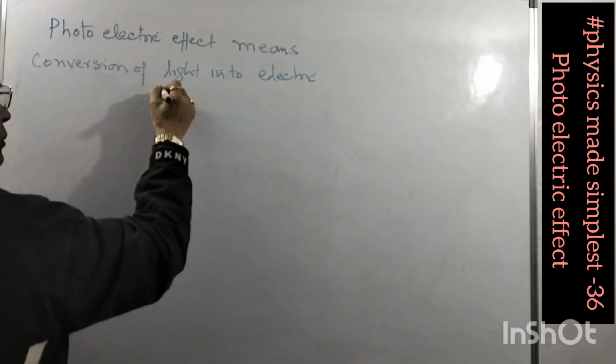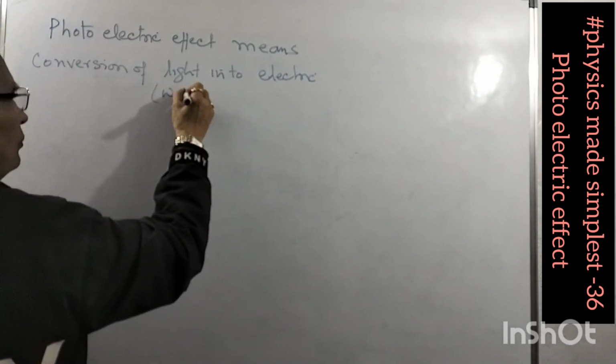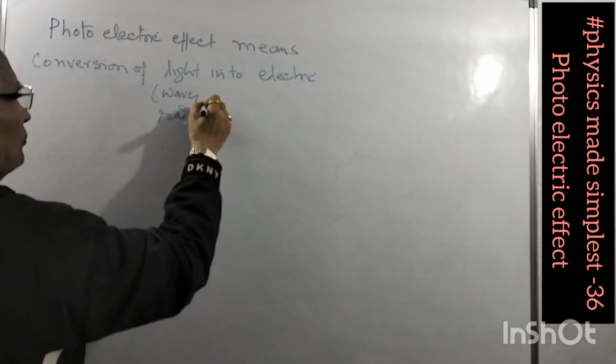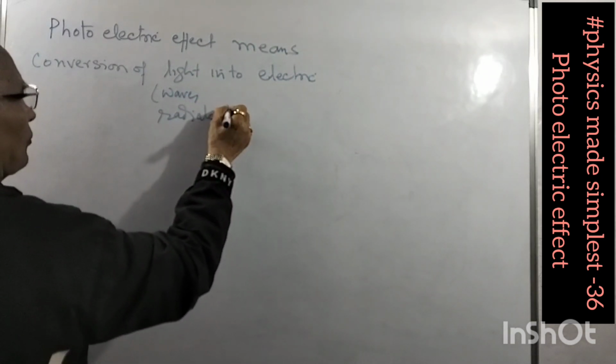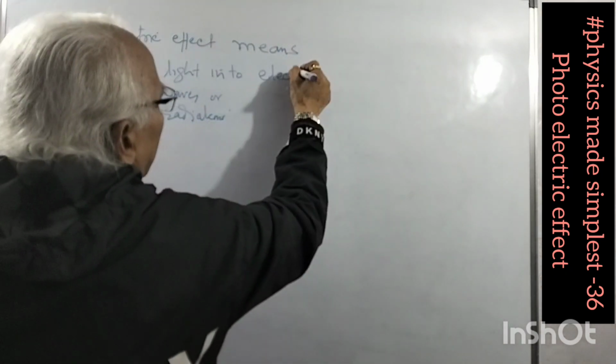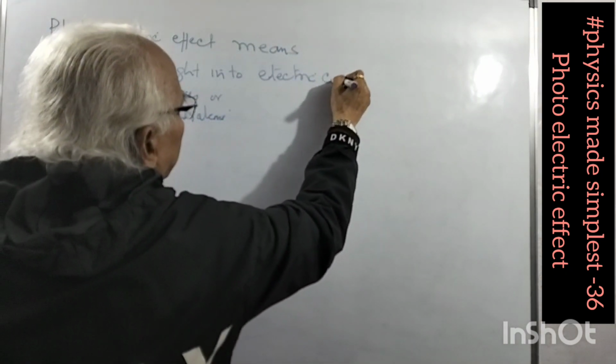Light means waves, you can say, or radiation. Anything you can say, into electric current.